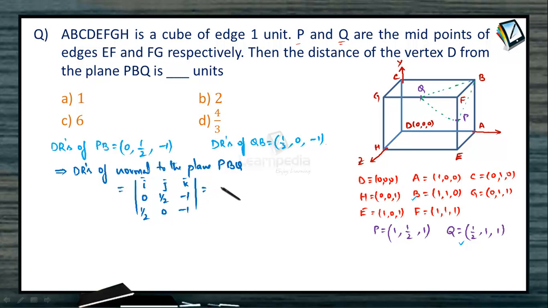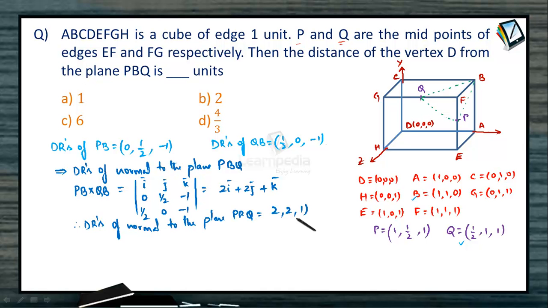How much would be this? 2i plus 2j plus k. So what are the DRs of the normal to the plane? This is what we calculated, PB cross QB. Then DRs of the normal of plane PBQ is 2, 2 and 1.